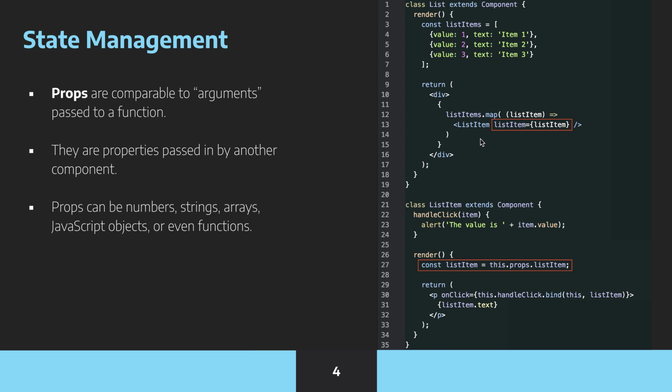So on line 13, you can see listItem equals listItem. And then on line 27 in the ListItem class, that data will be available through this.props. So I can say const listItem equals this.props.listItem, and that information can be used to display the list item's text or properties or values, or whatever you need to do with the data that you pass it.